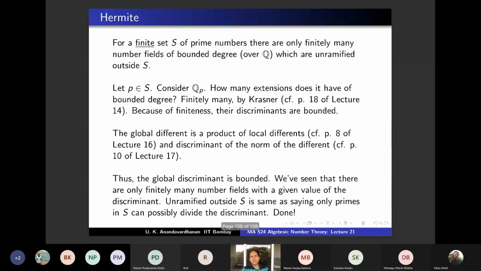So all this put together, we are getting that there are only finitely many such extensions. So if you give me a number and a finite set of prime numbers, then there are only finitely many number fields of degree less than or equal to that number, which have the property that primes outside S are unramified. So it's a very beautiful result, and this is called Hermite's theorem.